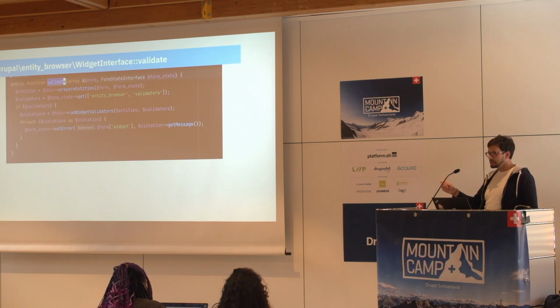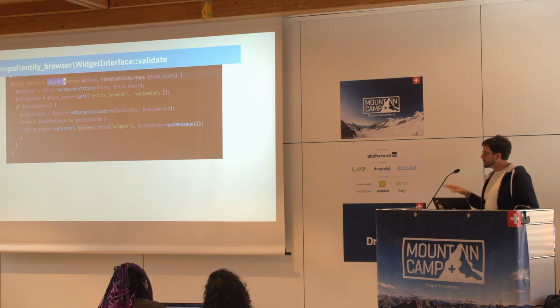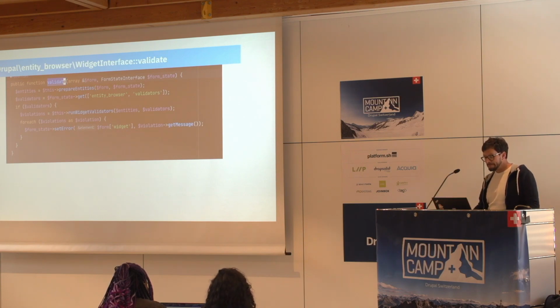So we will see later there is another method where we prepare the entities. The main point here is that Entity Browser already takes care of the validation using the specified plugins. And then integrations just need to maybe deal with edge cases or empty states and so on.